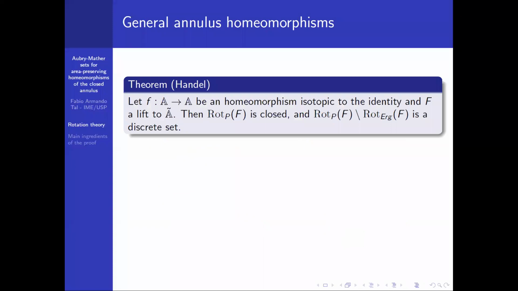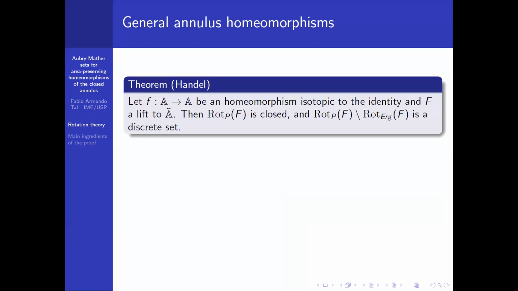Okay, so here you always have a lot of stuff. And if I now go to general annulus homeos, what can we say about these realization results? There's a theorem by Handel first that says that the punctual rotation set is always closed.